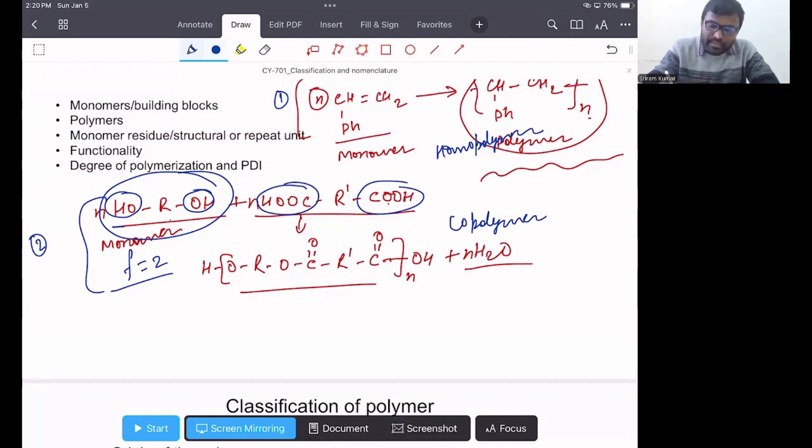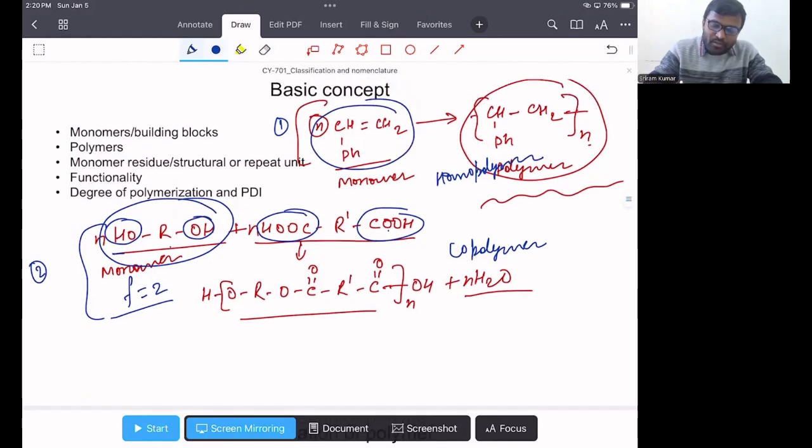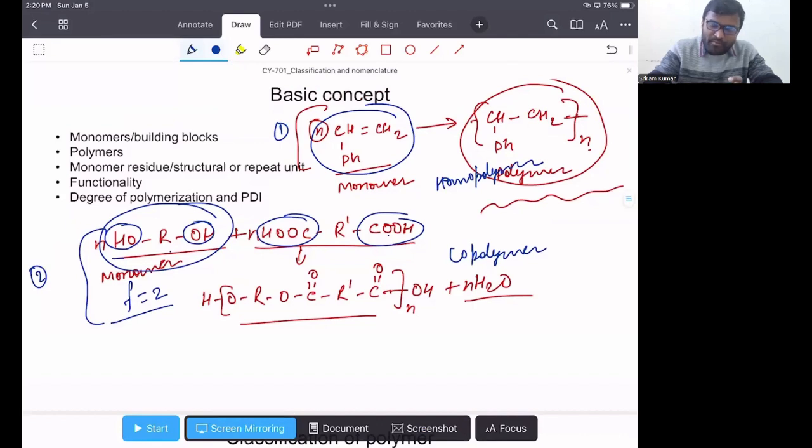In the case of styrene, even though in this molecule we have functionality 1 and 2, the polymerization reaction happens from this side and this side, so styrene has functionality equal to 2.